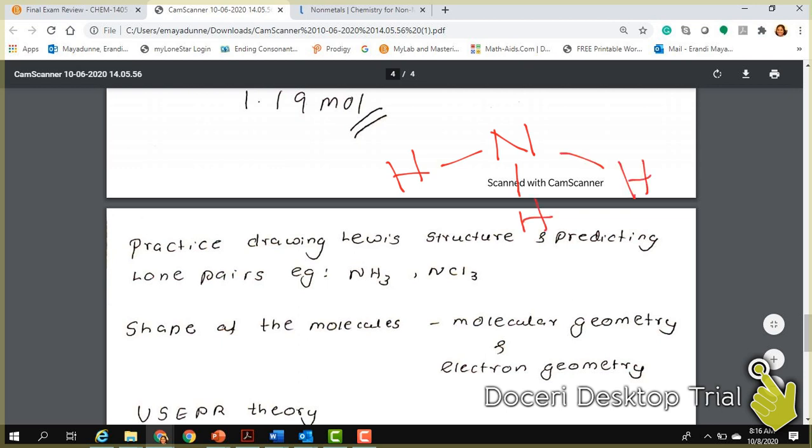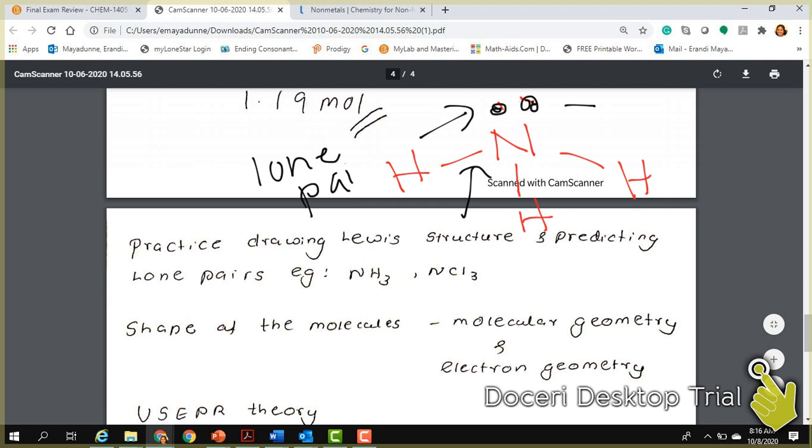So these are what we call lone pairs and bonding pairs. This is a lone pair, and these are bonding. Lone pairs are by themselves.